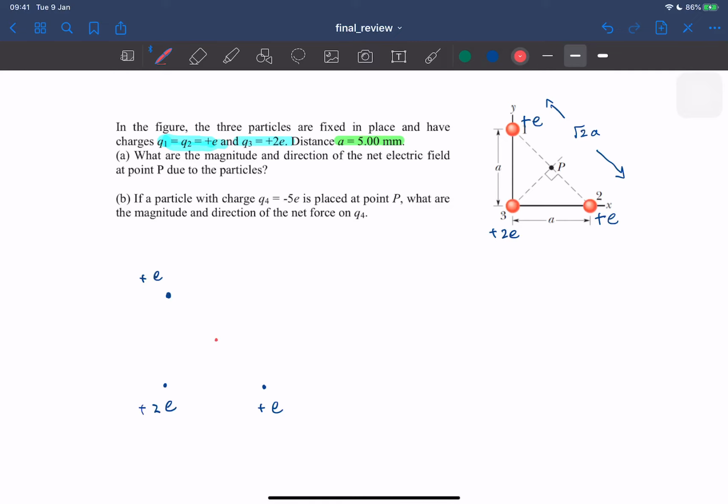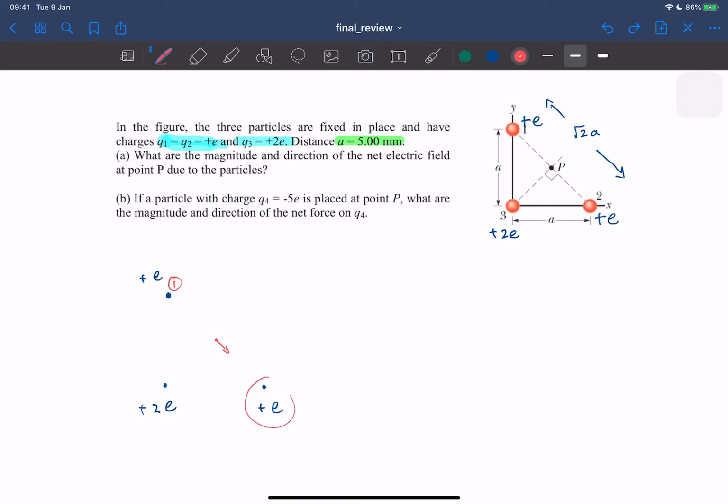Okay, so if we look at these two, they are along the same line, which is good because plus E here and plus E here are equal distance away from this point, right? So the electric field from charge number 1, which is this guy, will point this way, right? Because it's a positive charge, so it points away from the charge. So electric field from 1 is this one.